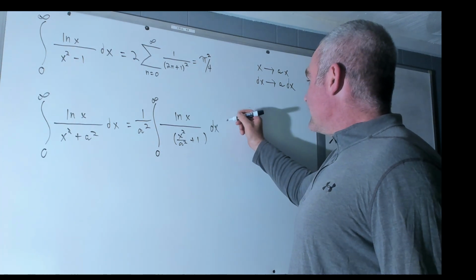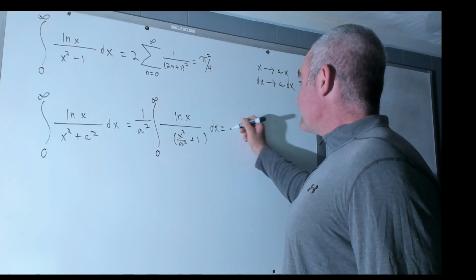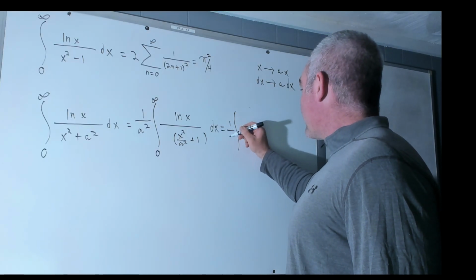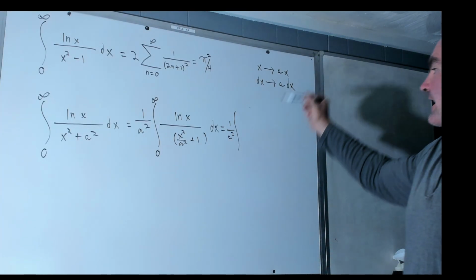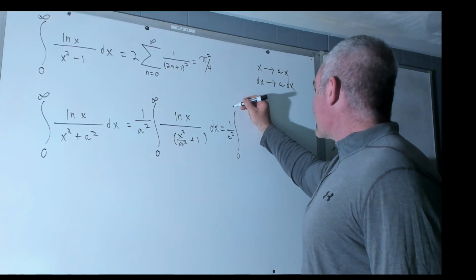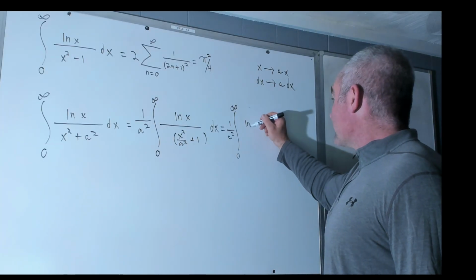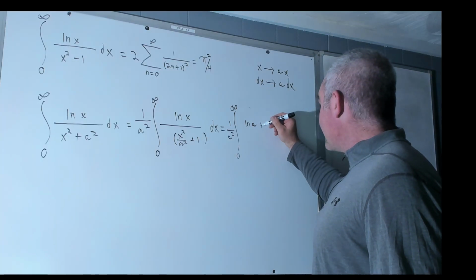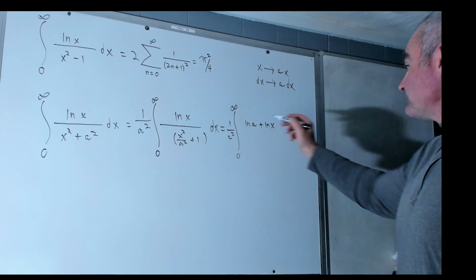Now we're applying that substitution, so we still have 1 over a squared out front, and x goes to ax, so we're still going from 0 to infinity. Now we have natural log of ax. I'm going to write that as natural log of a plus natural log of x. I hope you're okay with that.